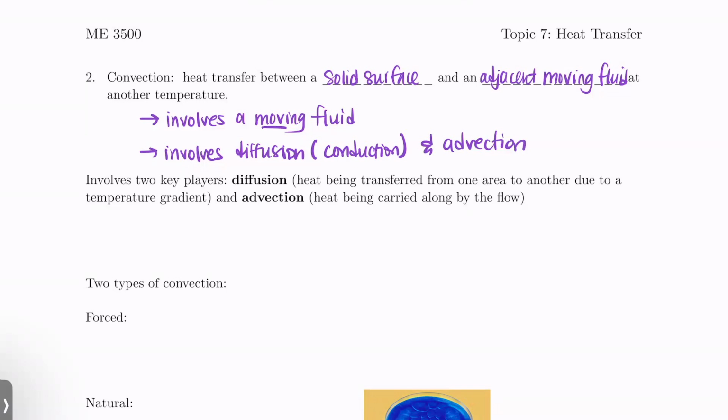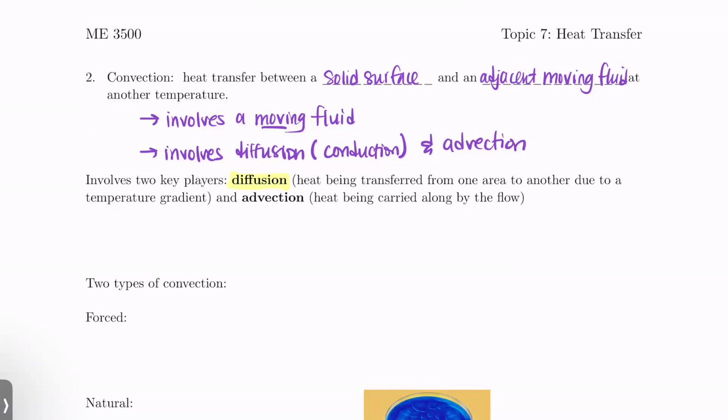All right, so convection is diffusion and advection, both of them together. Conduction is just diffusion. So you can have conduction through a fluid if it's at rest. If the fluid's moving, then you have both conduction and advection. Does that make sense?